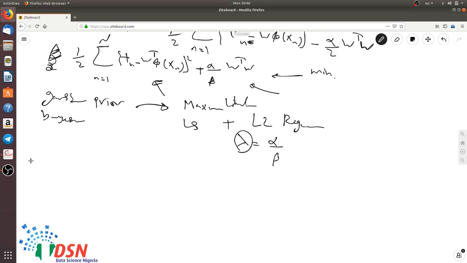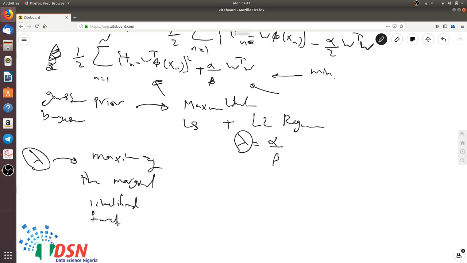In other words, to update lambda, we could maximize the marginal likelihood function. It is called evidence approximation in machine learning terminology.